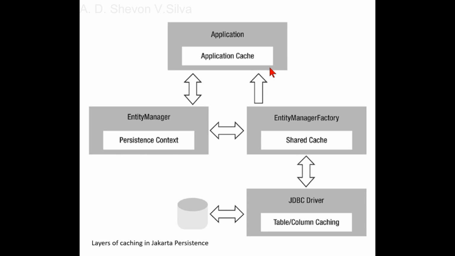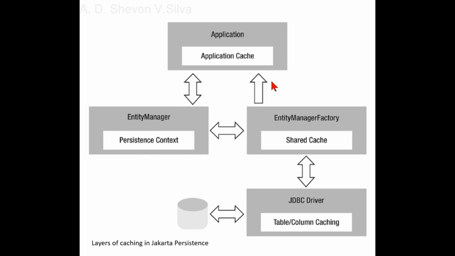This should be done with the realization that entities are likely going to become detached at some point, and the longer they sit in application space, the higher the probability they will become stale. Application caches have their place, but are generally discouraged because the cached entity instances will never be included in any future Jakarta persistence query results or persistence context.